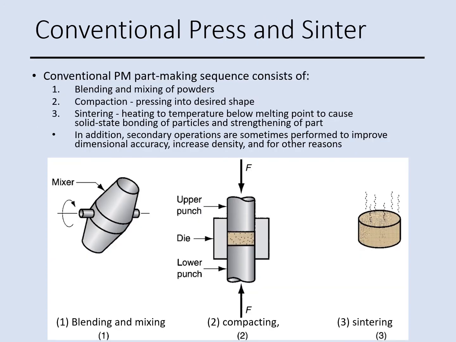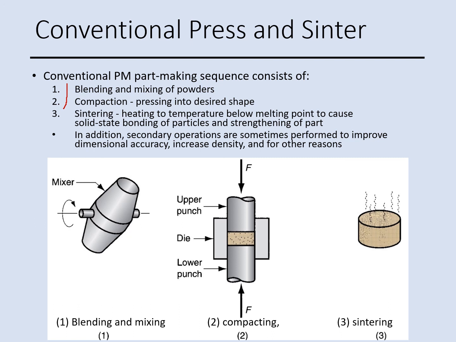We have a series of steps. In the conventional process, we have these three steps: blending and mixing the powder. Depending on the application, we have a certain ratio of different powders, and we mix them and make them ready for the next step.